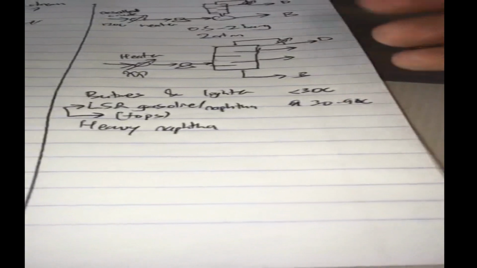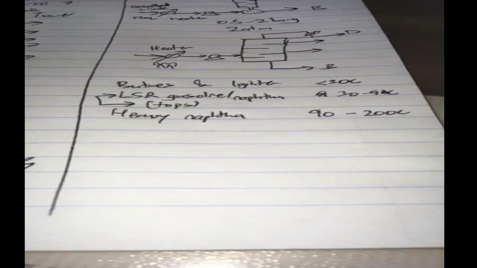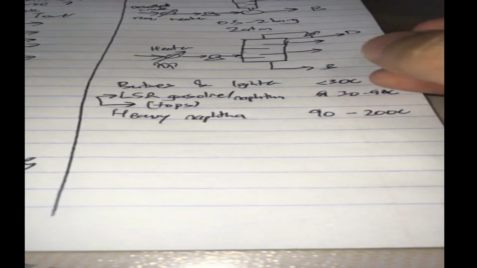But heavy naphtha, which is the heavier part of gasoline, is 90 to 200 Cs. Sometimes it's 180, sometimes it's 200. So it depends on the kind of boiling point range you want. But 200 C is much easier to remember than 180.